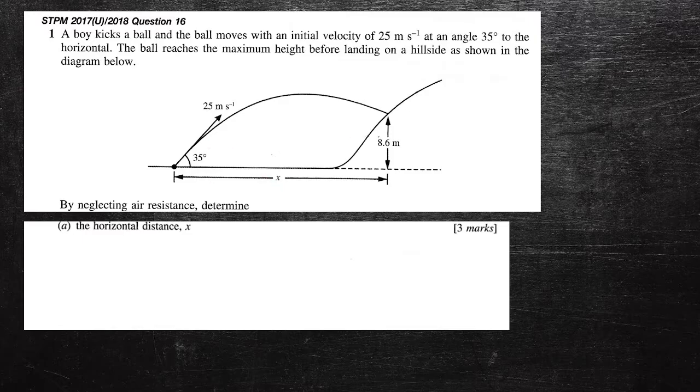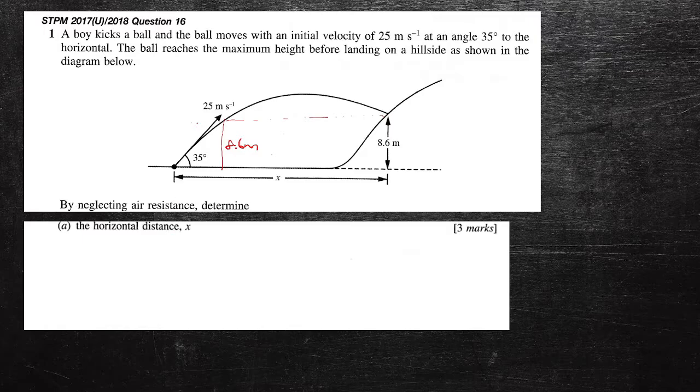So what will be the distance over here? Okay, you see that actually they have 2 points over here. They have 8.6 meter before it flies to the highest point, and then when it drops you have 8.6 again. So we would come up with a quadratic equation where we have two roots, one on the left side and one on the right side. So never mind, let's try to find what is the answer.